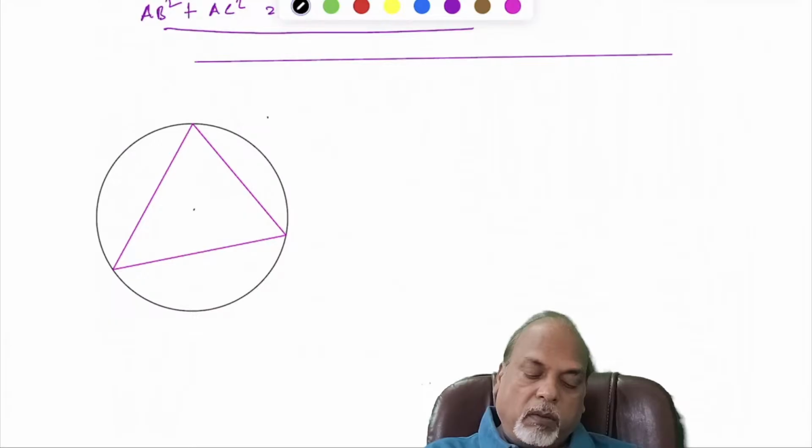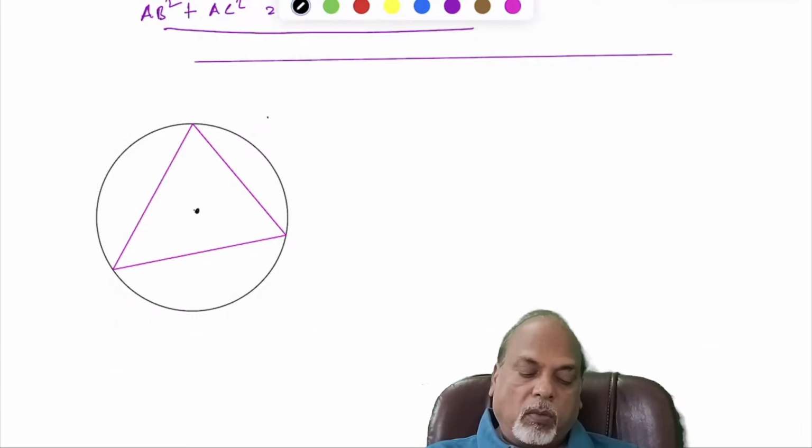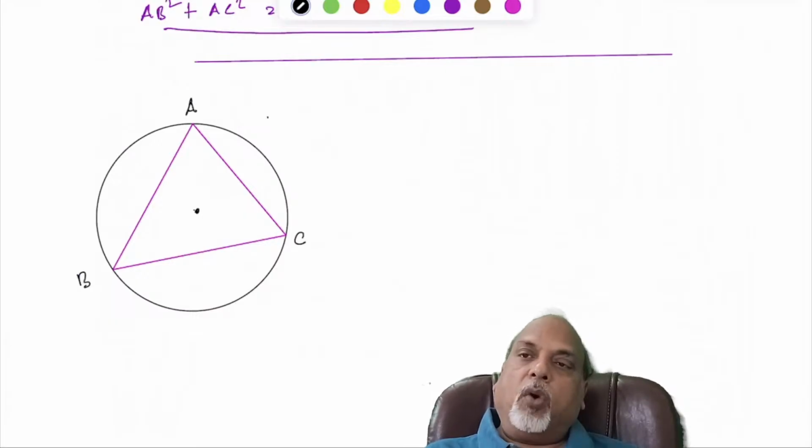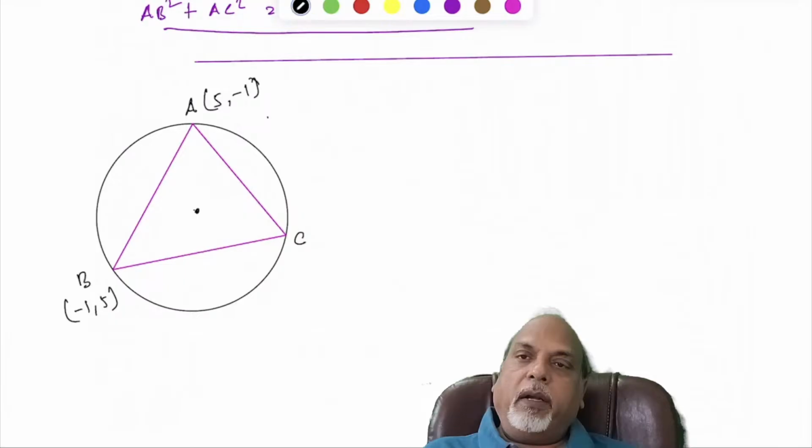Center of the circle is like this. So let us, this is your A and this is your B and this is your C. Coordinates of A and B are 5, -1 and -1, 5, and this is your 6, 6.